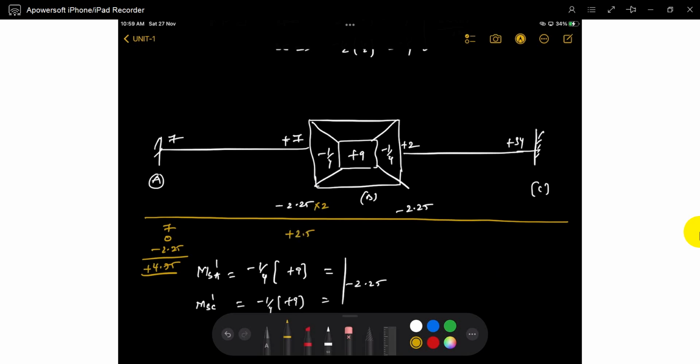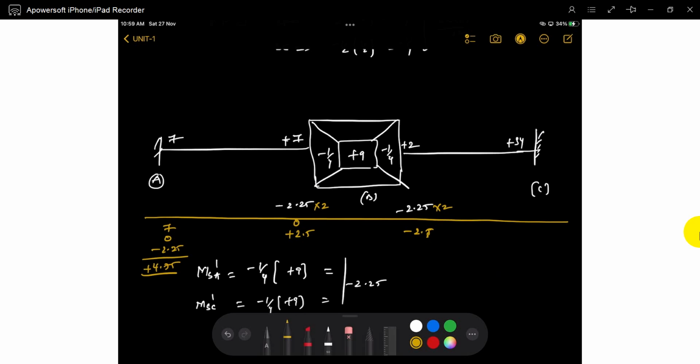Here also you will get 2.25 multiplied with 2, which is 4.5, answer minus 2.5. No need to calculate it because both should be equal, otherwise you made a mistake.